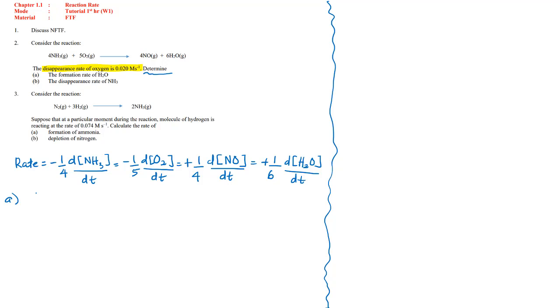Alright. So now let's start to answer question 2a. The question asks you to determine the formation rate of water vapor. Firstly, you have to compare the rate that we want with the one that is already given in the question.